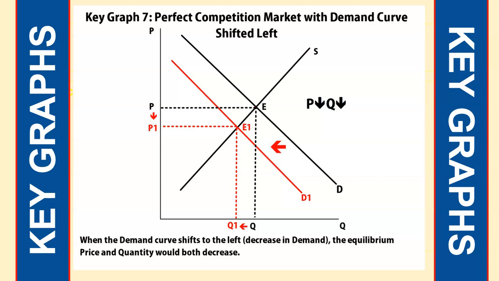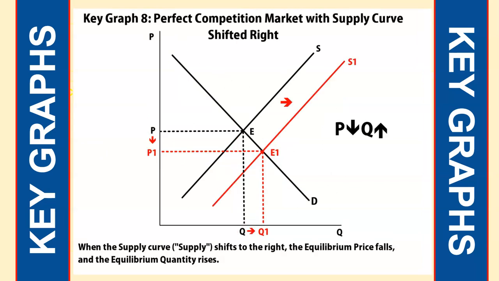This is a demand curve shifting leftward or inward, and that's leading us along the supply curve from E to E1, leading to a lower price level and a smaller quantity. Our legend out here shows a smaller price level and a smaller quantity. So the demand curve shifting inward is going to lead to a decrease in demand, causing price and quantity both to fall.